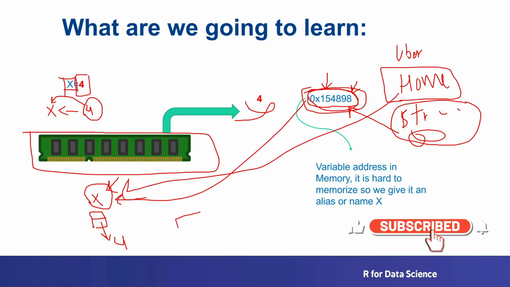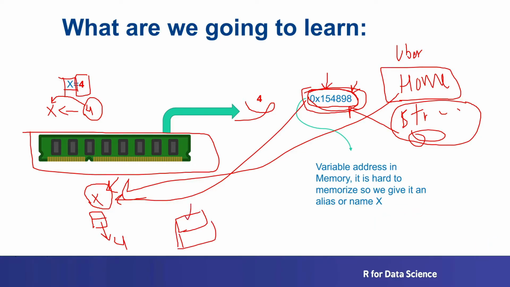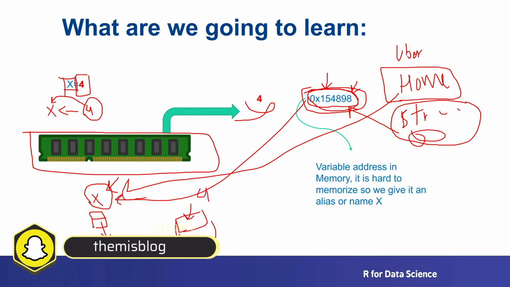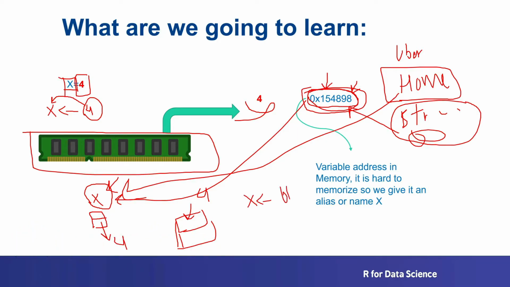Now the box here, if you open it, you'll find the number 4. If I reassign x to the number 60, then the same box will have the value 60 and the value 4 will be removed.